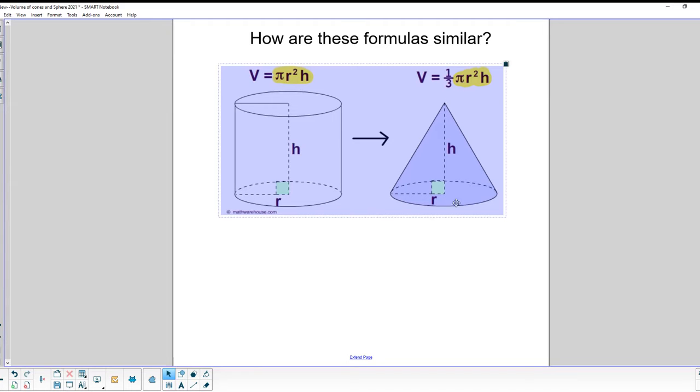The cone formula is a little different in that you put the number 1/3 in front of pi r squared times the height, because the cone has 1/3 of the volume that the cylinder of the same radius and height would have, as we saw in the videos.